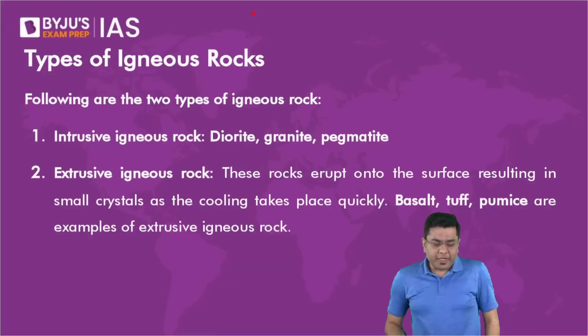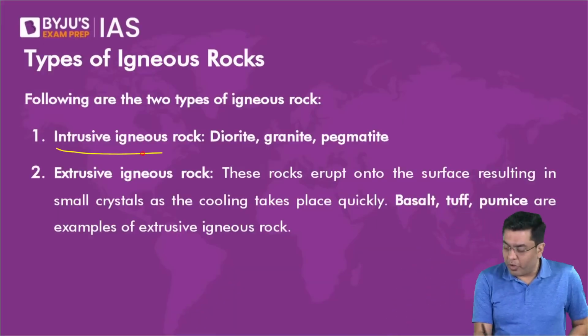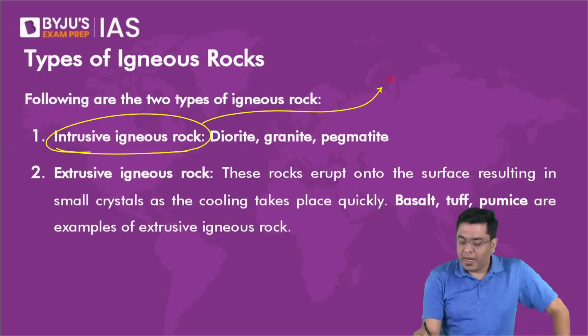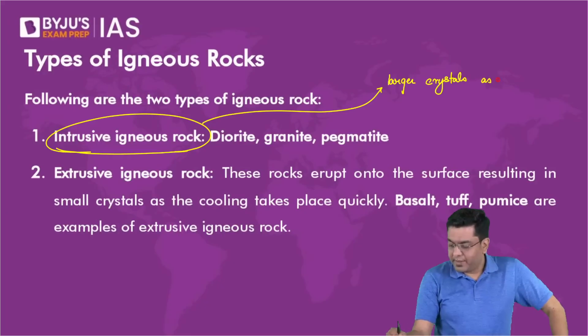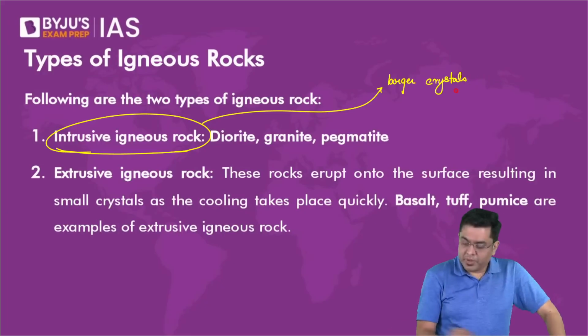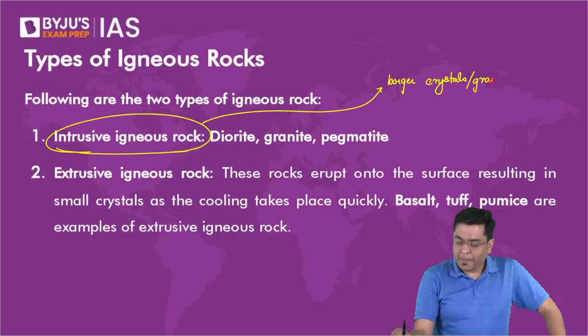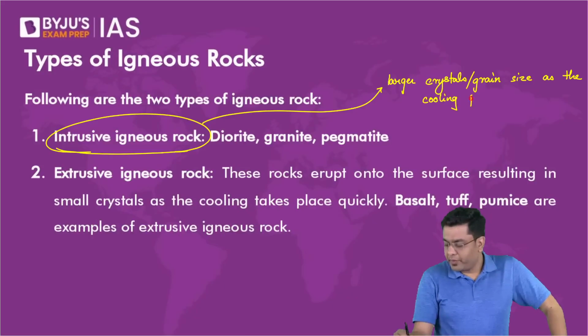So, when we talk about the intrusive igneous rocks, here they have larger crystals, or simply put, grains, as the cooling process is very slow.